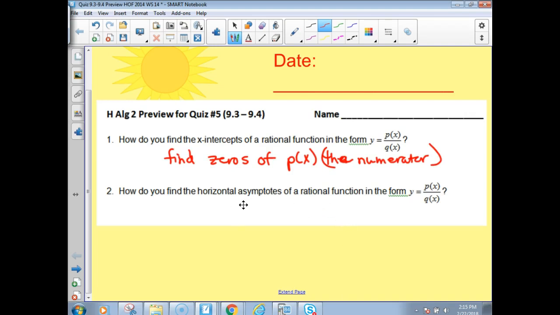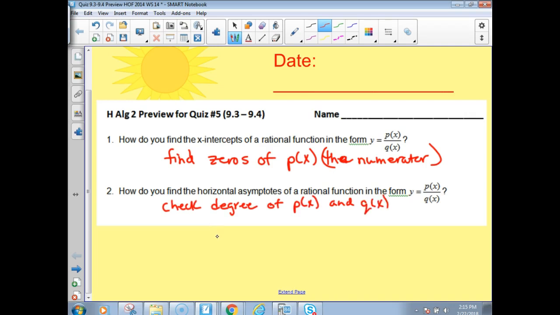How do you find the horizontal asymptotes? So you got quite a bit to say about this one, don't you? You must check the degree of p of x and q of x. Now, you're going to have to go further with that.